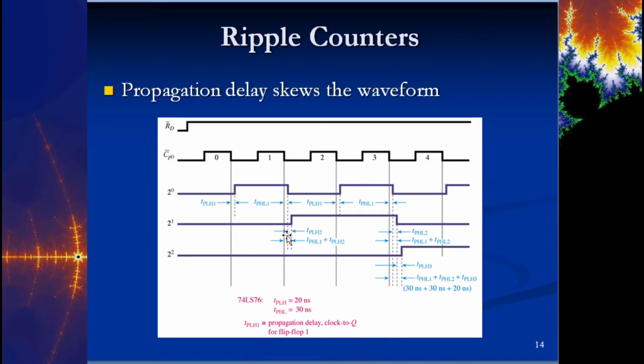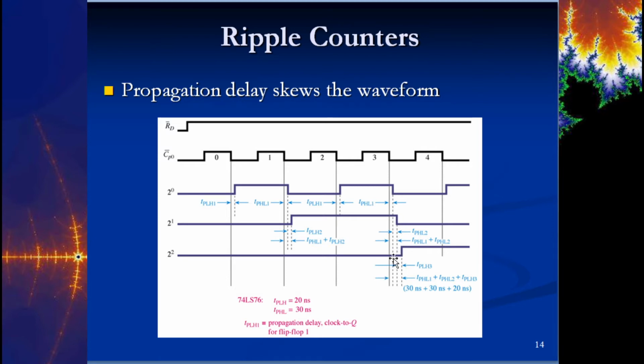Now this one has its own propagation delay, and so by the time you get to the output of the second flip-flop, you've got twice the propagation delay. And you can see what's happening. Now this becomes the clock input of the next one, so it's not going to transition until 2 propagation delays later, and then it transitions. And remember, this one has its own propagation delay.